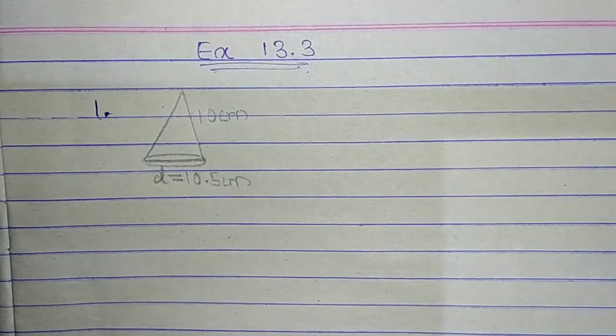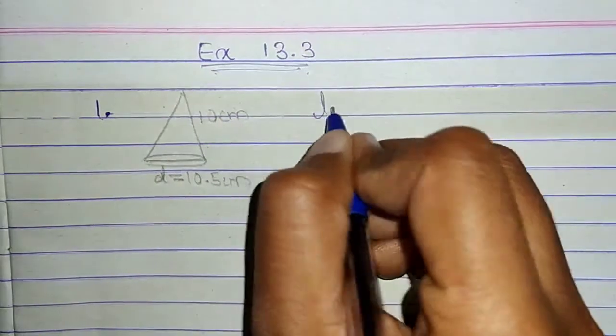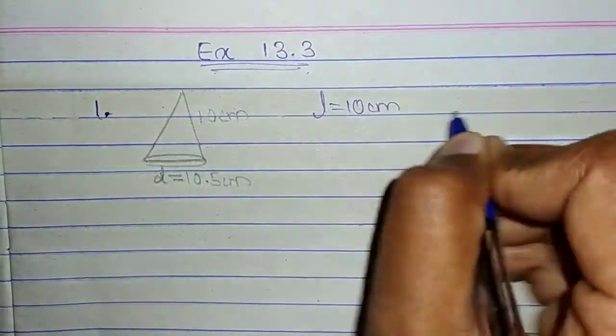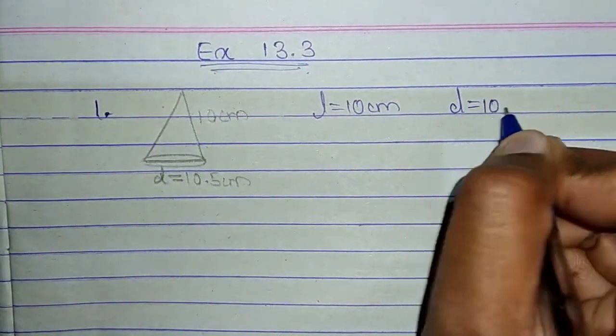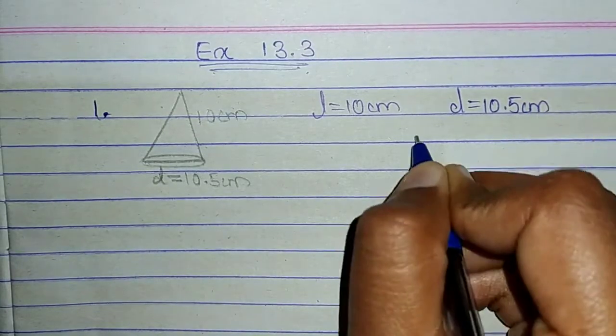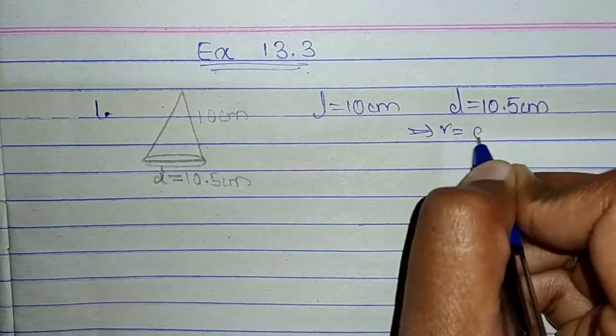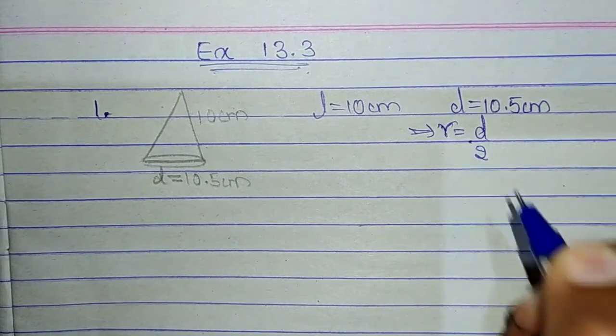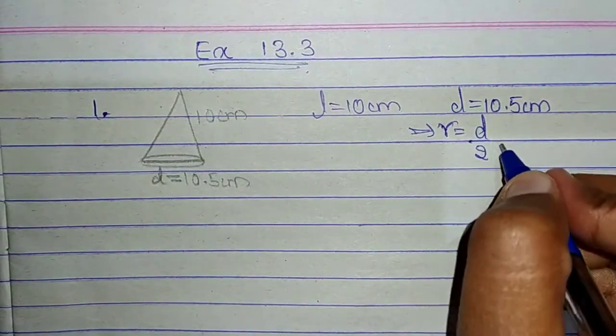Find its CSA. So L is equal to 10 centimeters, D is equal to 10.5 centimeters. So R is equal to D by 2. We need the radius. So radius is equal to diameter by 2.